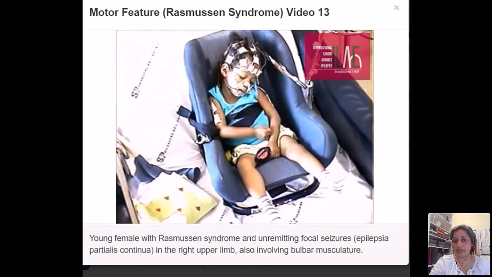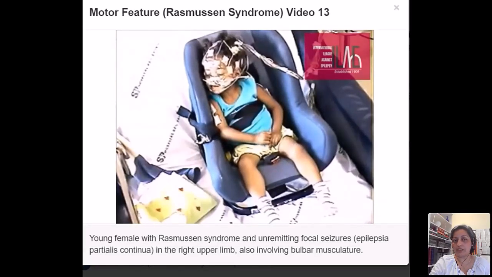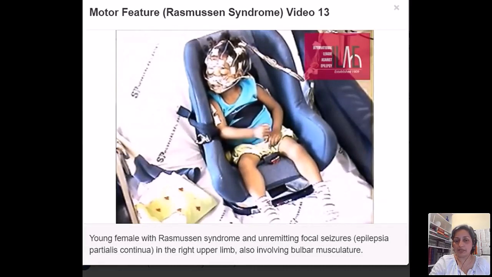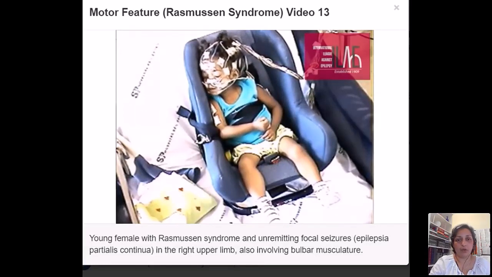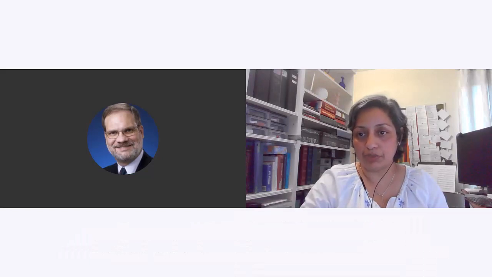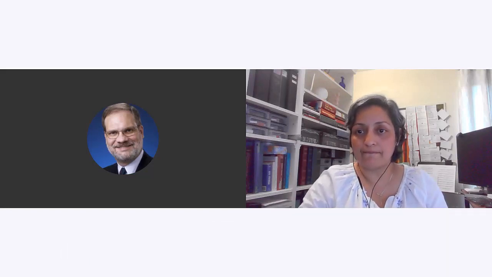If you look at the face, the tongue, those muscles are involved too. These are focal seizures, and almost 100 or more can happen during the day. Right, gonna go back to the slides.